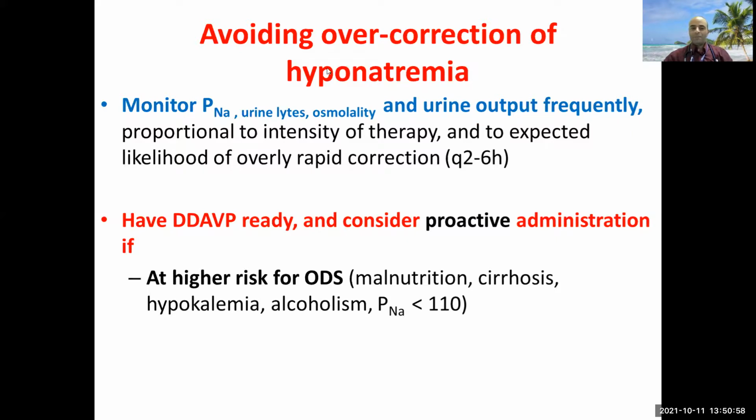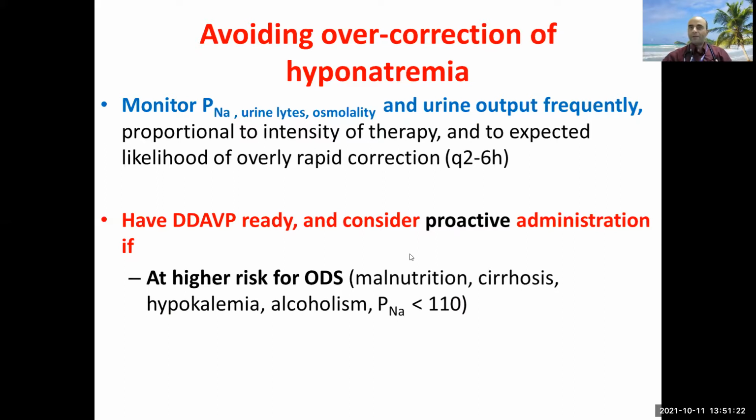Hourly. This is the best strategy to keep your patient away from iatrogenic complications of ODS from our management. Have DDAVP ready, and consider proactive administration if your patient is at high risk for ODS. Proactive, you should give; don't wait for overcorrection.